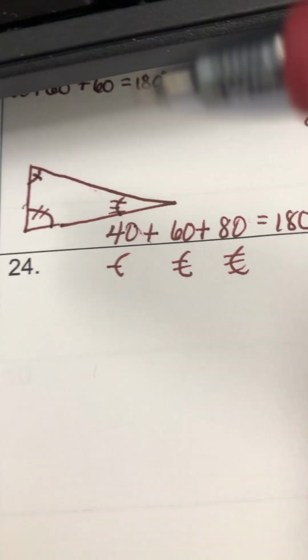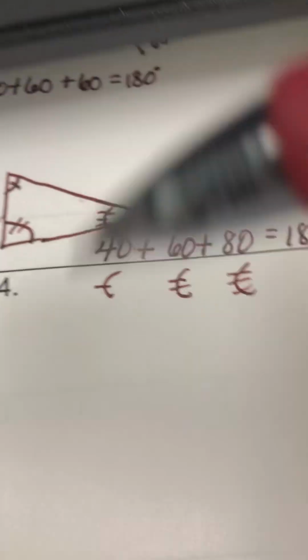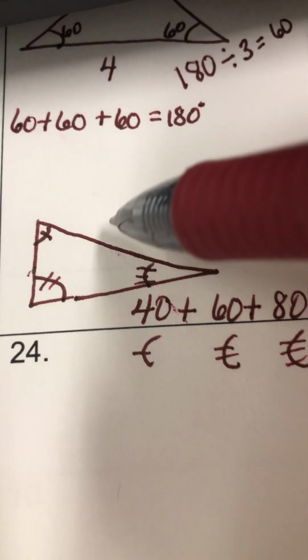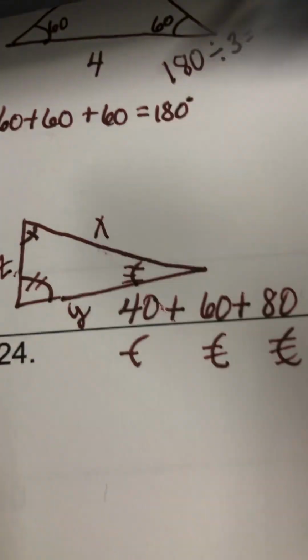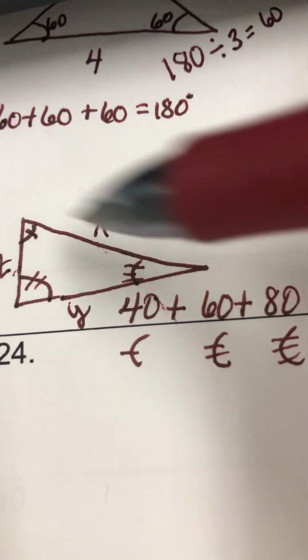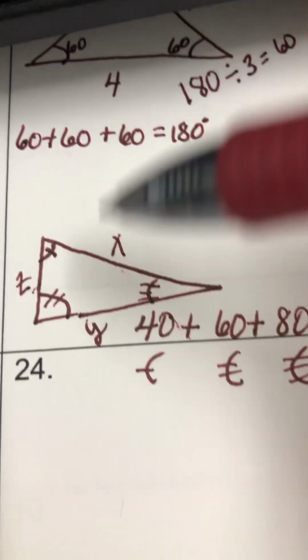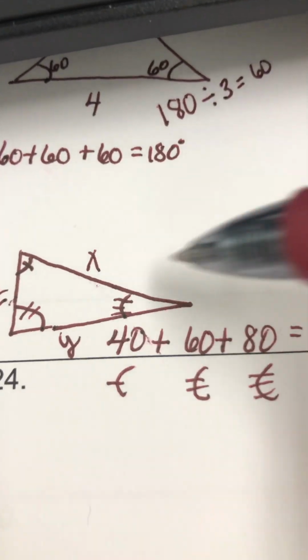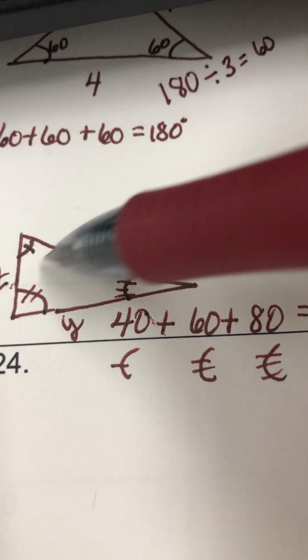Now, if you have just a random triangle where none of the sides are the same, we would just have X, Y, and Z here, or A, B, and C, or whatever you want to call them, and the legs are not the same, then the angles are not going to be the same. They can be different. So I just randomly threw some numbers down here. What if one of them was 40, the other one was 60, the other one was 80 on these angles?